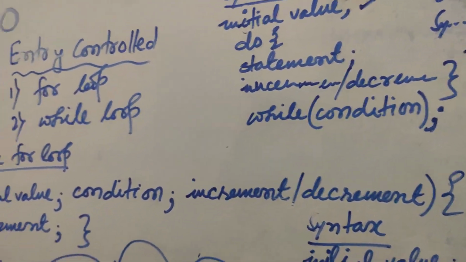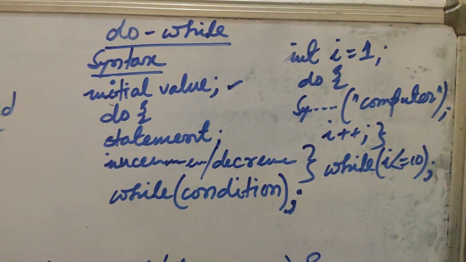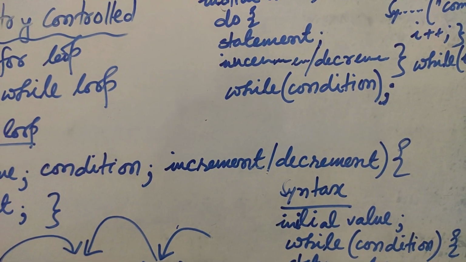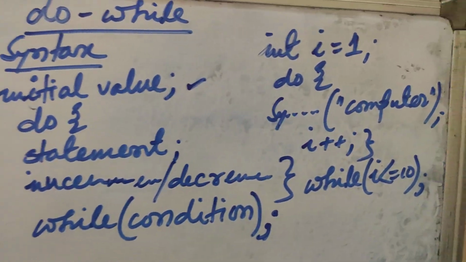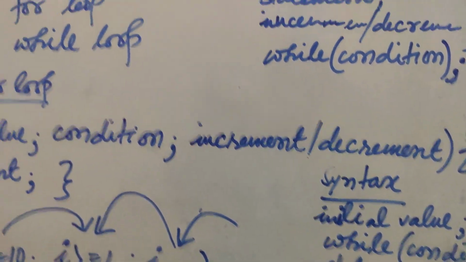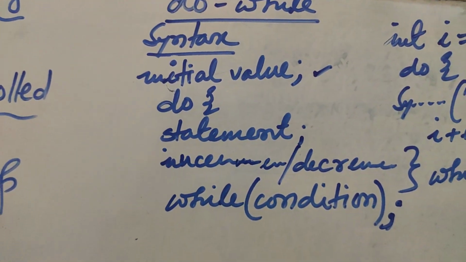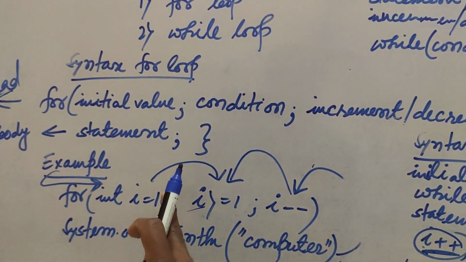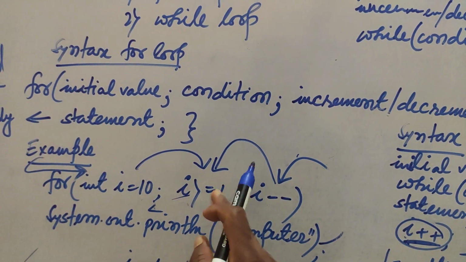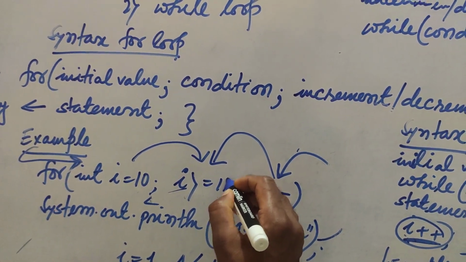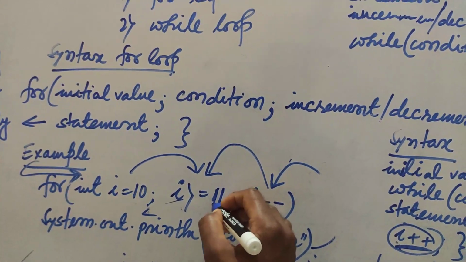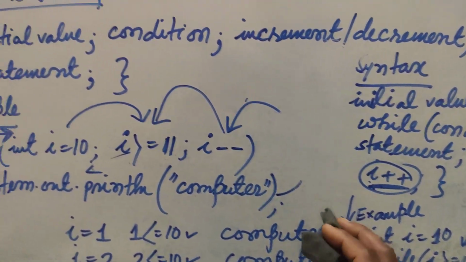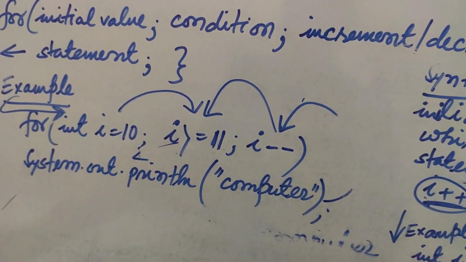Now example, see. If the condition is false, the body of the loop will not execute in entry control. Here if the condition is false, once the body will execute. See how it is. Suppose it is 10, I am taking here 11. So is it true or false? If I take 11, what results will come?